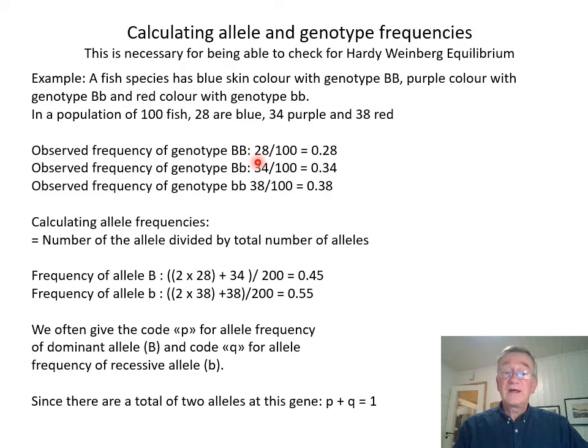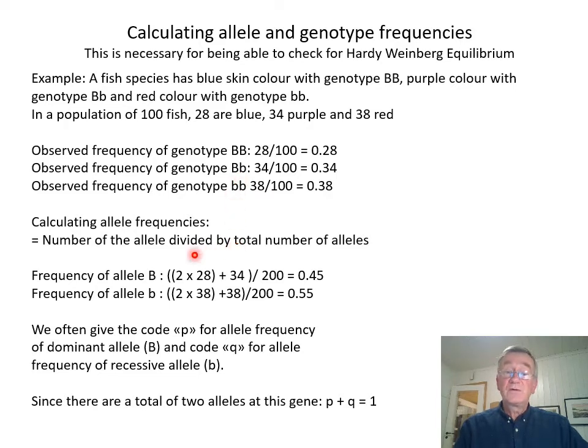Each homozygous individual has 2 capital B's, so we multiply by 2, 2 multiplied by 28, the number of homozygous. And we also add the heterozygous, 34 individuals, which have only 1 capital B.